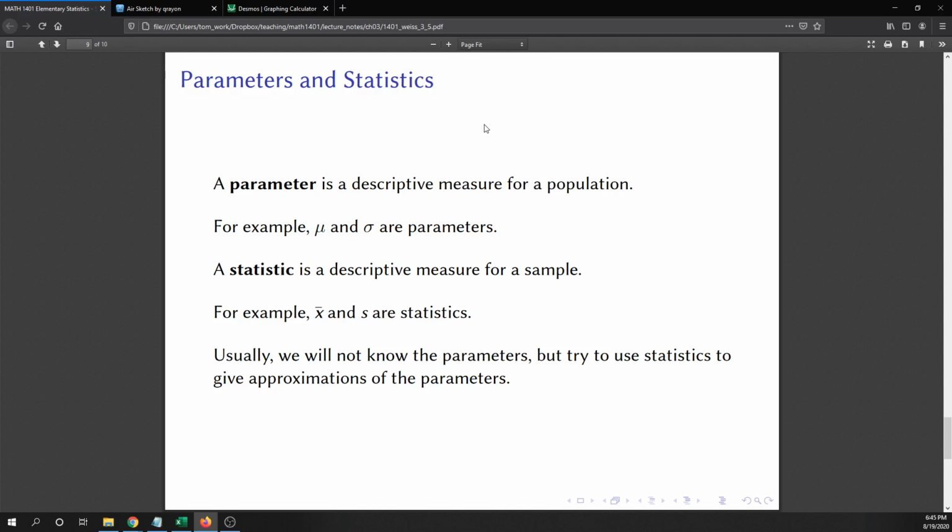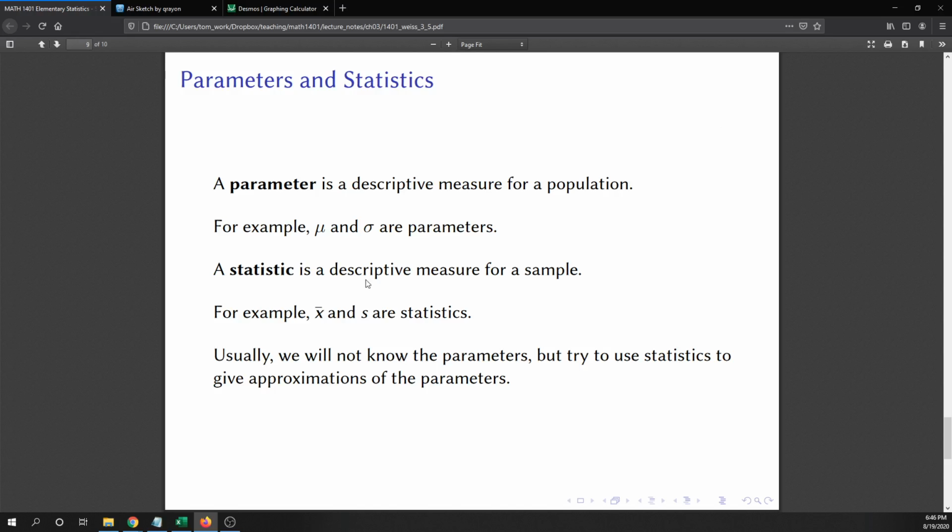Okay, so the final thing in this section is to know the difference between the word parameter and the word statistic. Okay, so a parameter is a descriptive measure for a population. So the ones that we talked about so far were the population mean mu, that's the mean of the population, and the population standard deviation sigma, right?